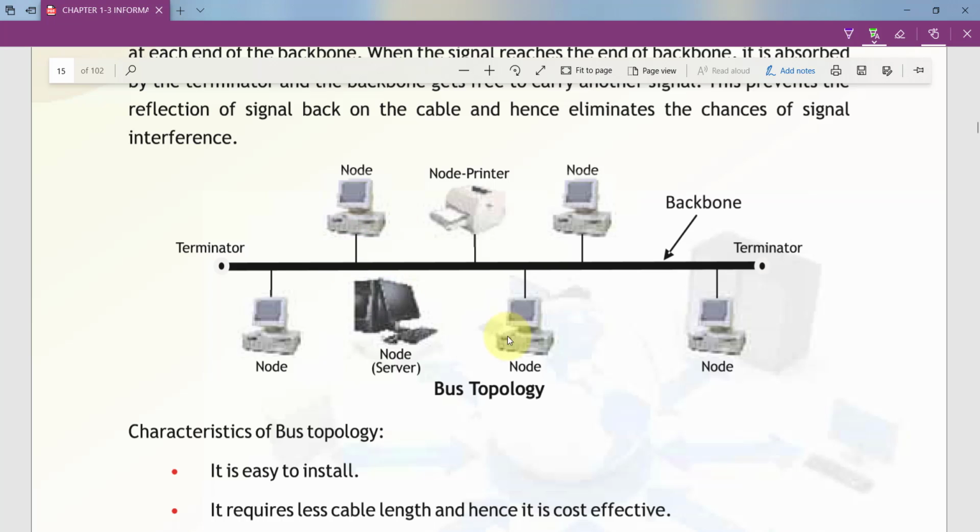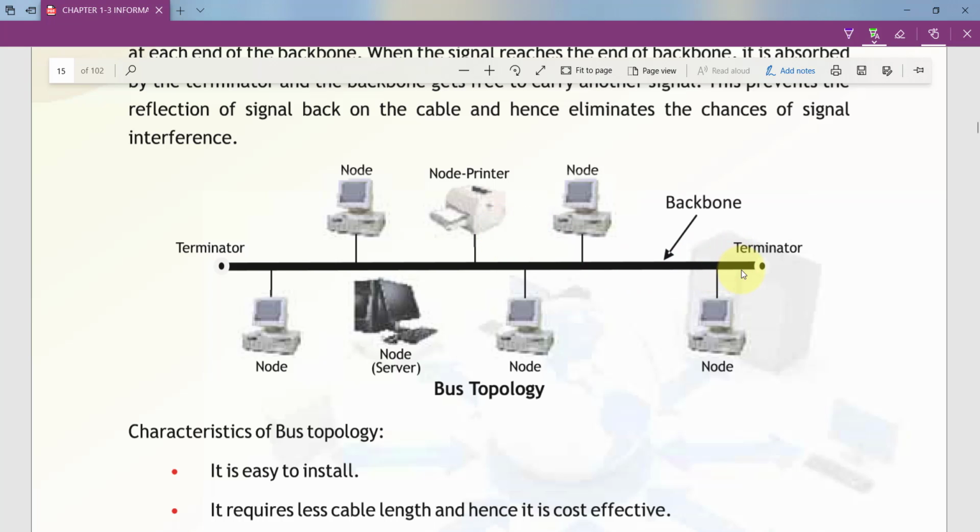In this single cable, all nodes are connected, so computers, servers and other nodes are connected. Clear? And this single wire is the backbone of the bus.